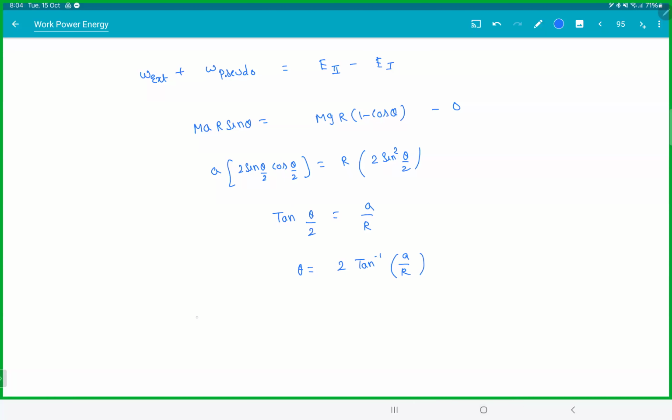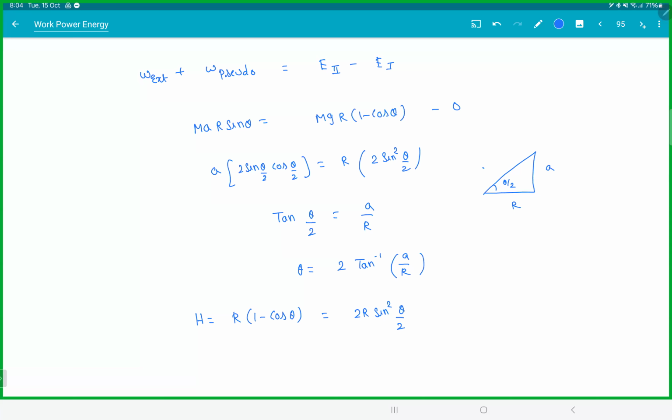You're asking for height. What is height? H is equal to R into 1 minus cos theta. Then I can do this almost. This will be 2R sine square theta by 2. Now I know from tan theta by 2, I can find sine theta.